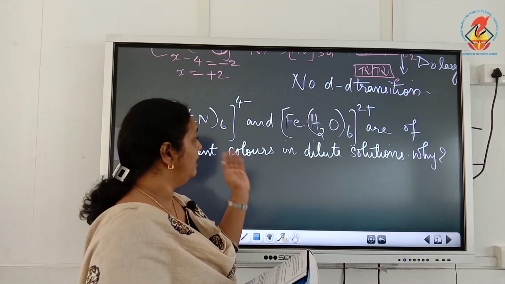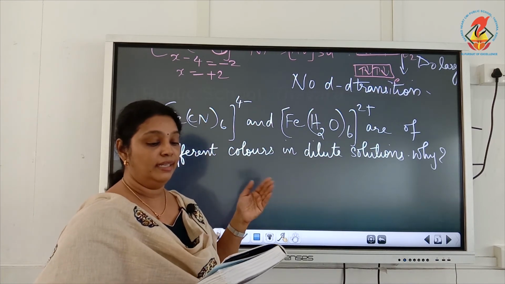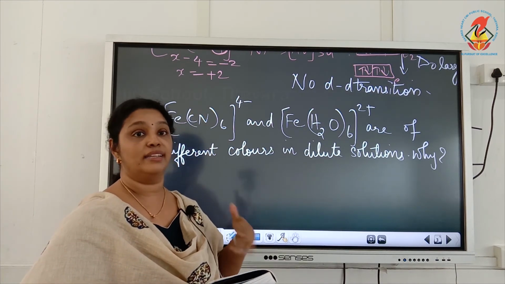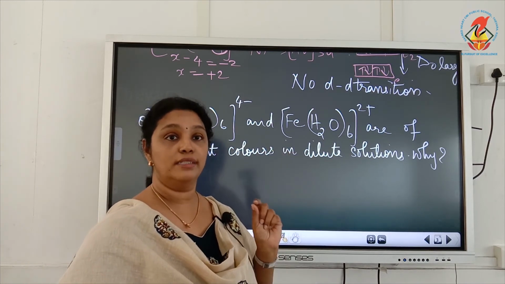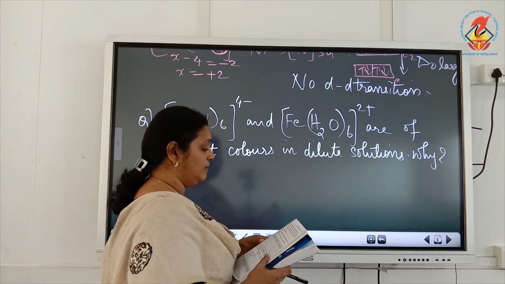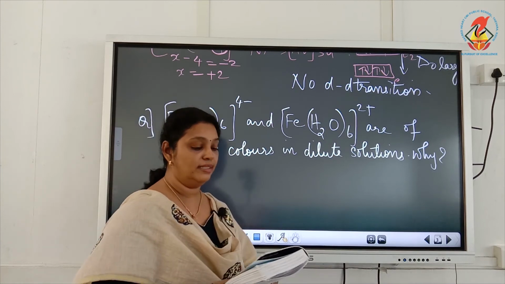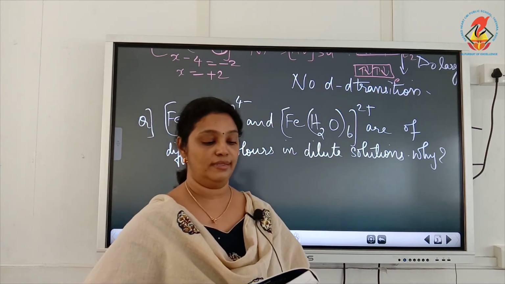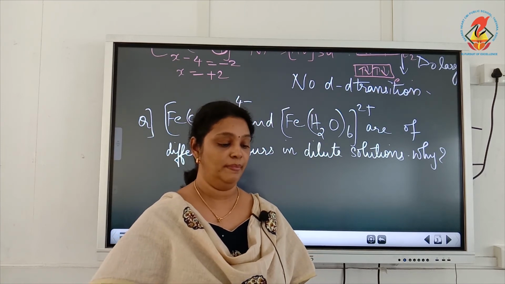Since the ligands are different and CN- is a strong ligand, it causes high crystal field splitting, whereas H2O is a weak ligand, so small crystal field splitting. Also d-d transitions are possible in both the complexes, so they are of different colors in dilute solutions. So you have to write d-d transitions are possible.